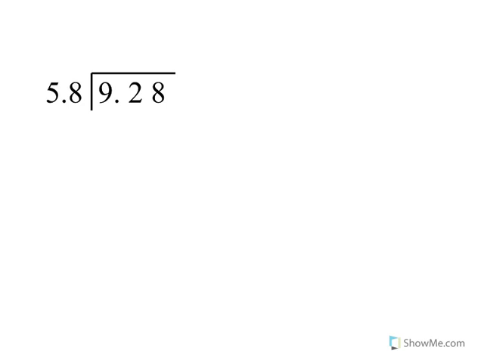Now, it's important to remember that as long as you divide or multiply your divisor and your dividend by the same thing, you would be able to get the right answer.